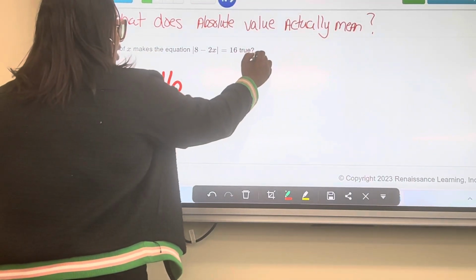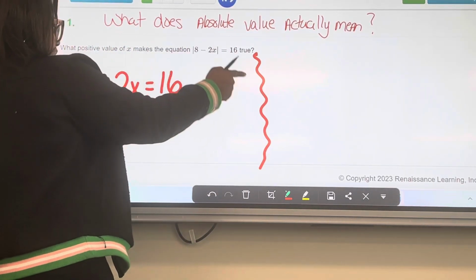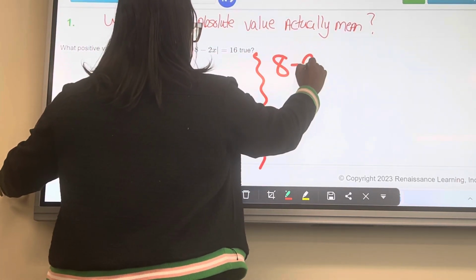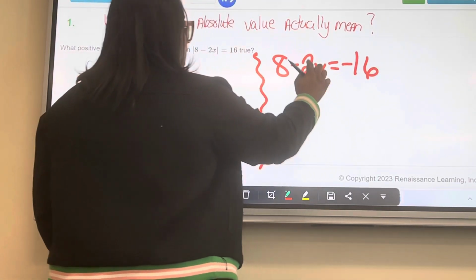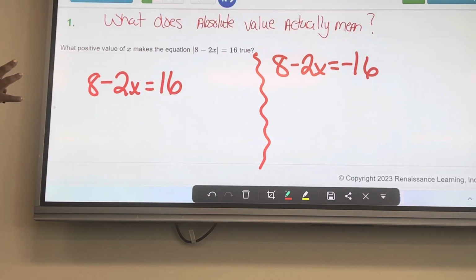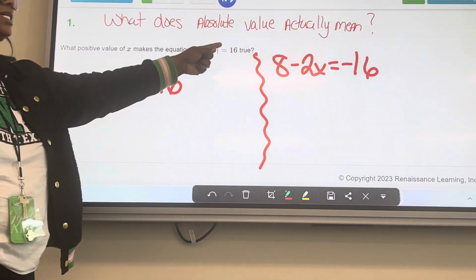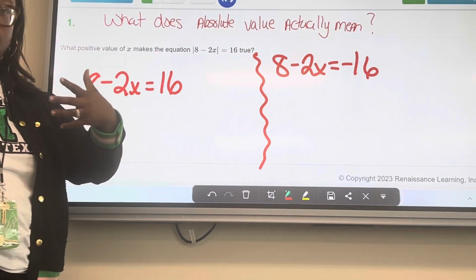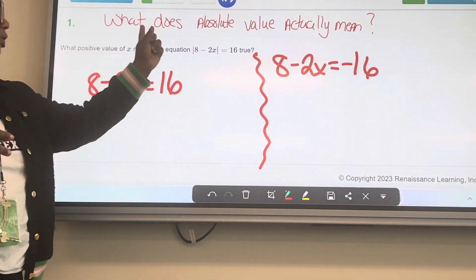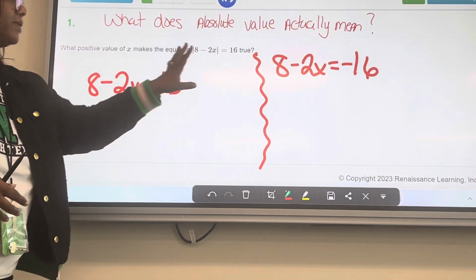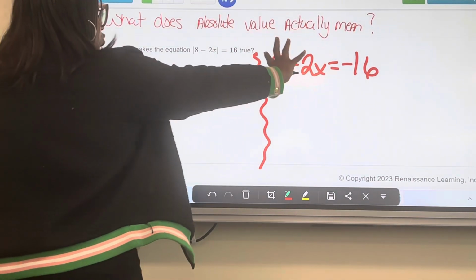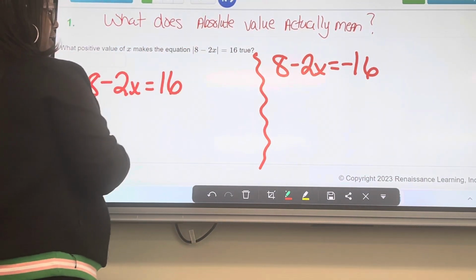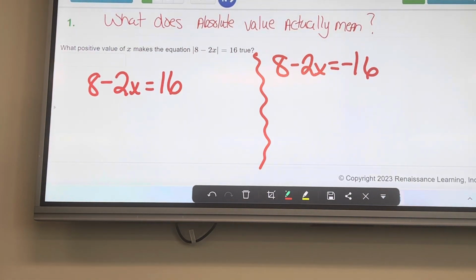Then I'm going to set up another case. So case 2 is going to be 8 minus 2x equals what? Negative 16. Both of these equations give me a distance of 16. So we've technically already taken the absolute value of this problem by breaking it up into two situations. Hopefully you understand that. When you break it up into the two different situations, that is you taking the absolute value that equals a distance of 16. So now we're going to work both of these situations.